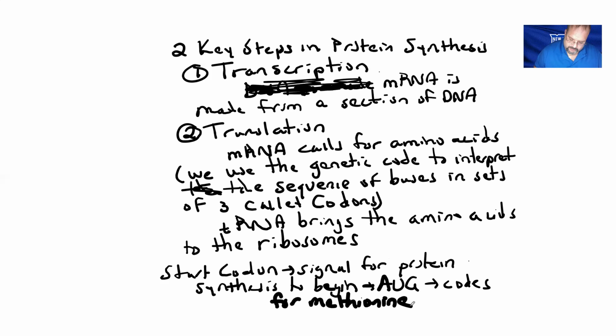So essentially, as the protein is being made, the first amino acid present is going to be methionine. But by the time all is said and done, that initial methionine is usually removed.